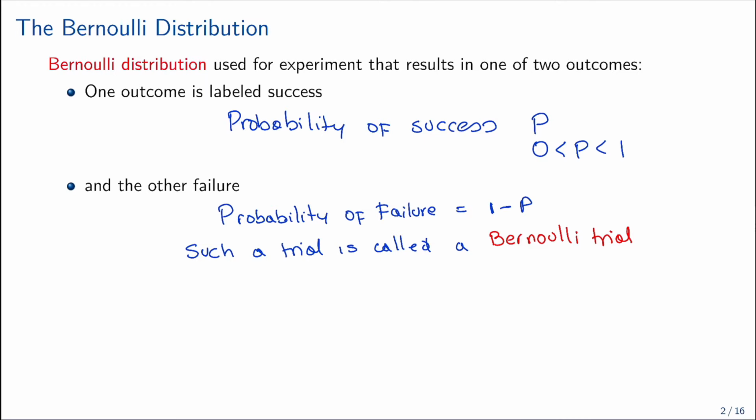So the total sample space will have probability 1 minus p plus p equal to 1. Such a trial is called a Bernoulli trial. And we say that X is distributed as Bernoulli with probability of success equal to p. So we write it this way.